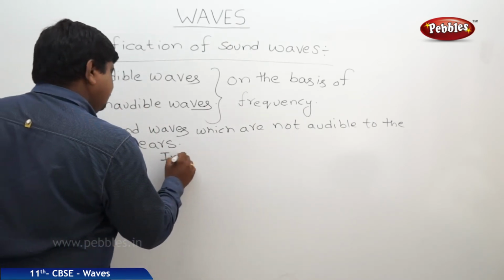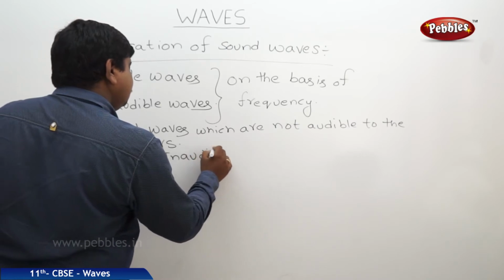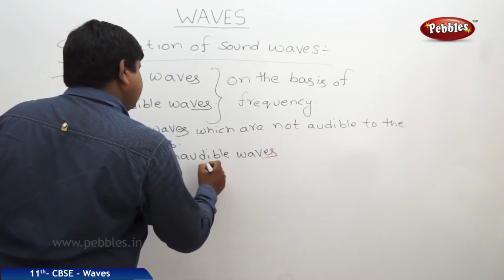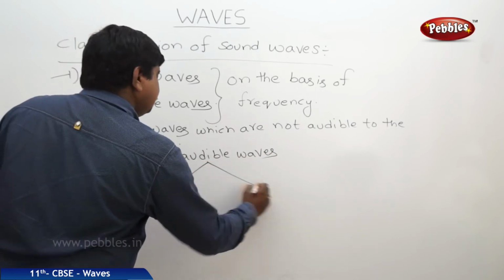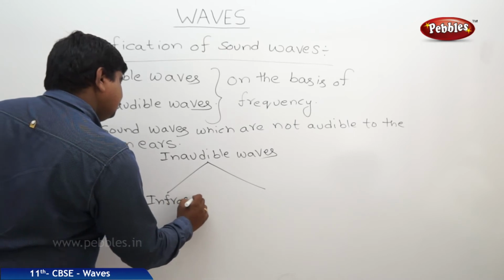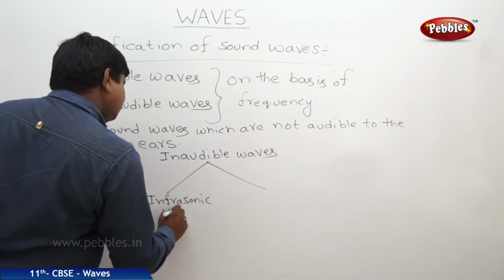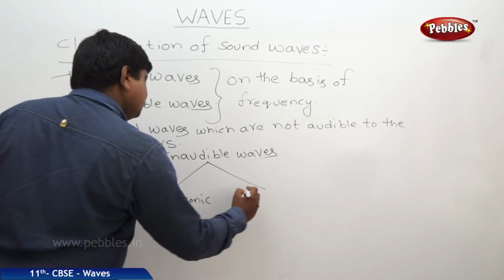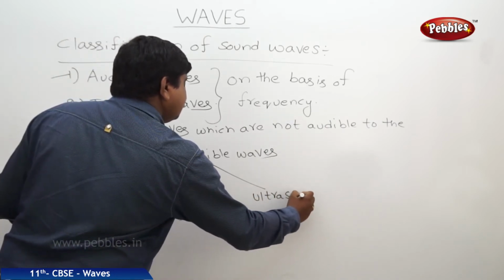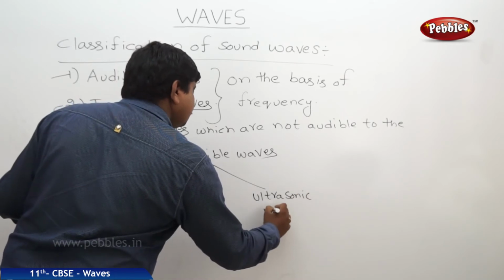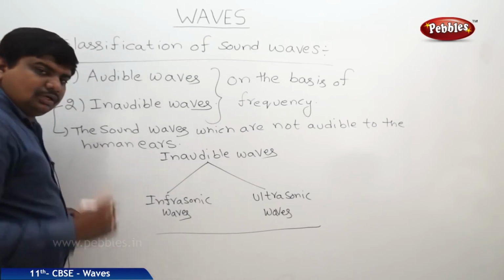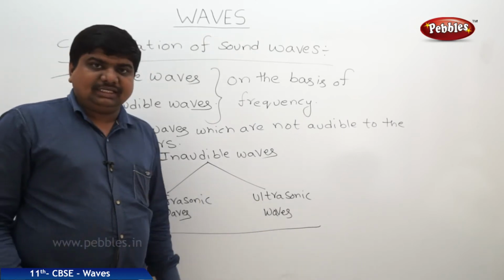Inaudible waves are classified into two types. First one is infrasonic waves. Second one is ultrasonic waves. Now we will discuss these two in detail.